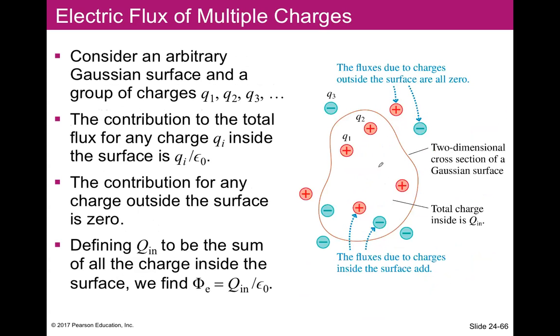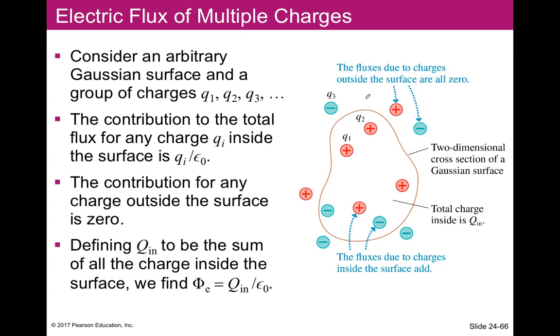And now if you have multiple charges inside this surface, then the contribution to the total flux for any charge Qi inside the surface will be the net charge of those charges inside.